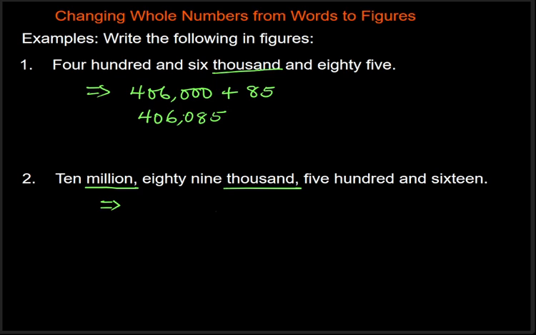So what do we have for million? 10 million. 10 million is six zeros, plus what do we have for thousand? 89,000, plus what do we have for unit? 516.